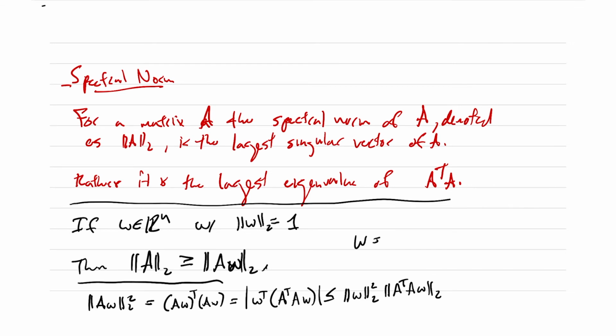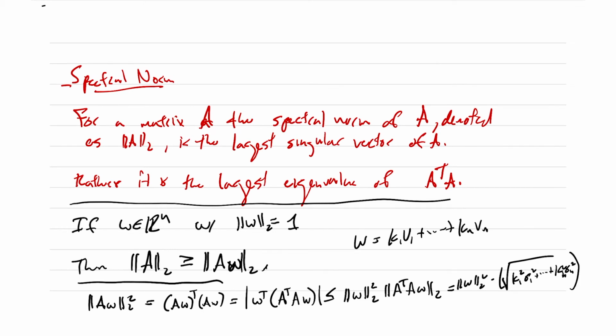So W could be written as k1 v1 all the way up to kn vn, keeping the same eigendecomposition we had for the SVD, and so then this is equal to the norm of W squared times the square root of k1 squared sigma 1 squared all the way up to kn squared sigma n squared.